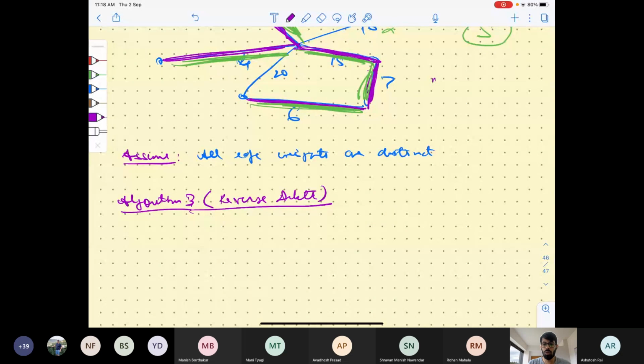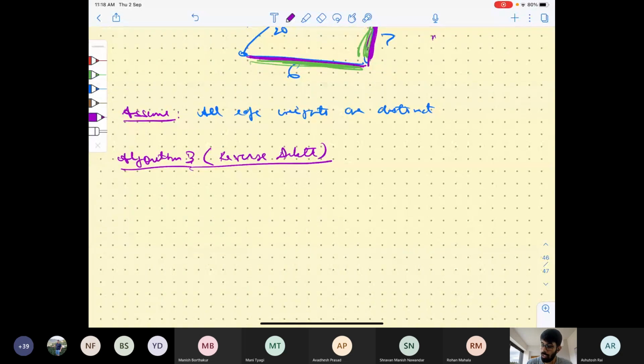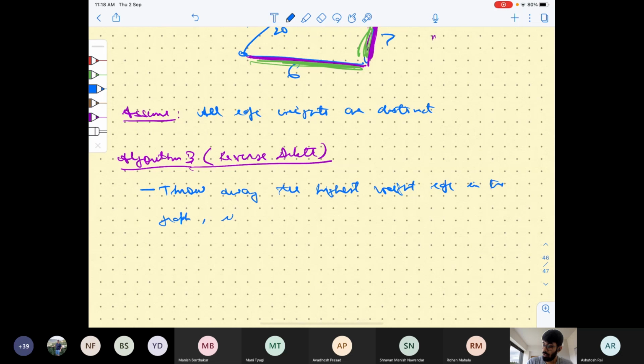So what does this algorithm do? It just throws away the highest weight edge in the graph if the remaining graph is connected.